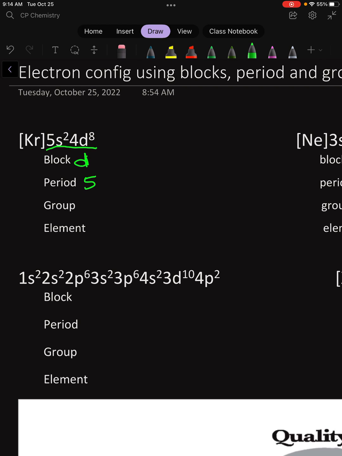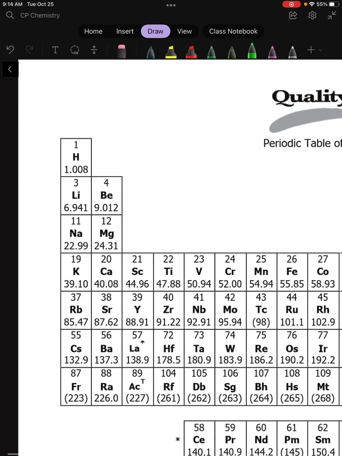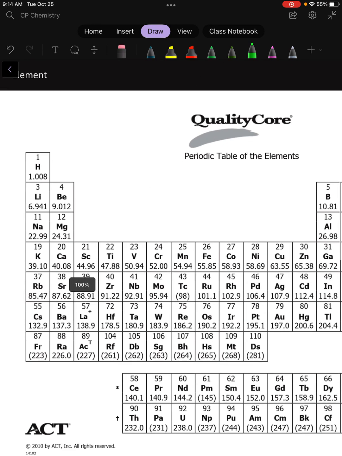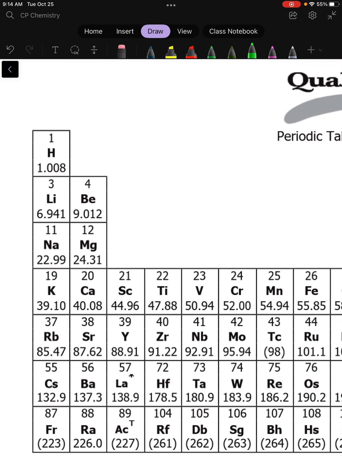All right, the group, there's a couple of ways you can do it. You can just look at the exponent in the D, or you can add the exponents together, S and D exponents, for this particular one. Now, remember, groups go down. So this is group 1. The next column is group 2.